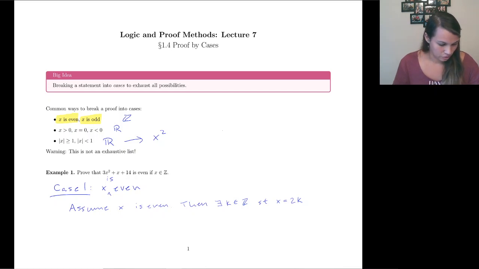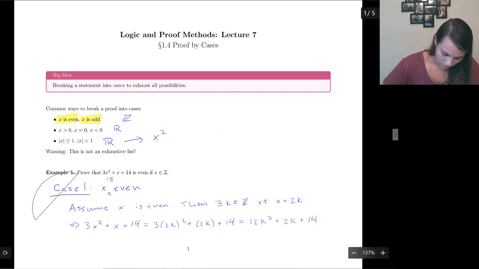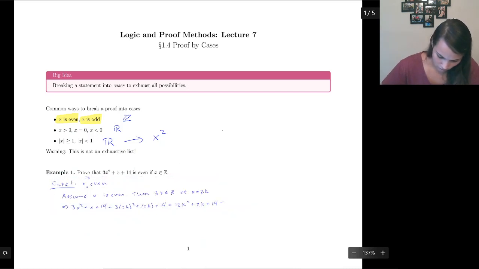Okay, so we can write x as 2k, which means now we can plug something into our expression 3x squared plus x plus 14. So if we plug that in, we get this. And then we can simplify that a little bit. It's pretty easy to see you can factor out a 2 at this point.